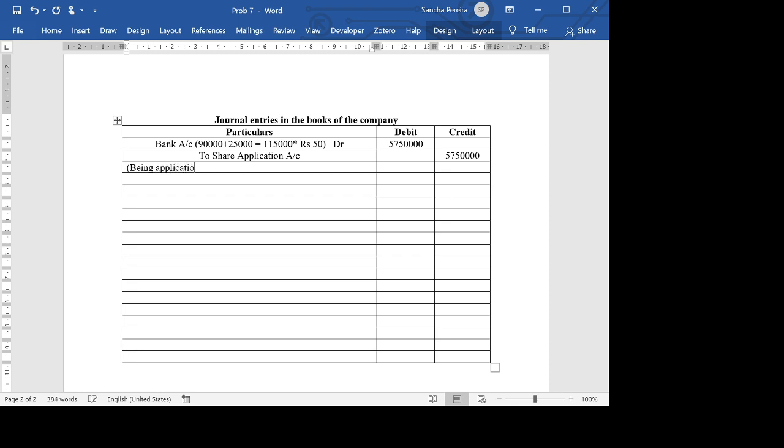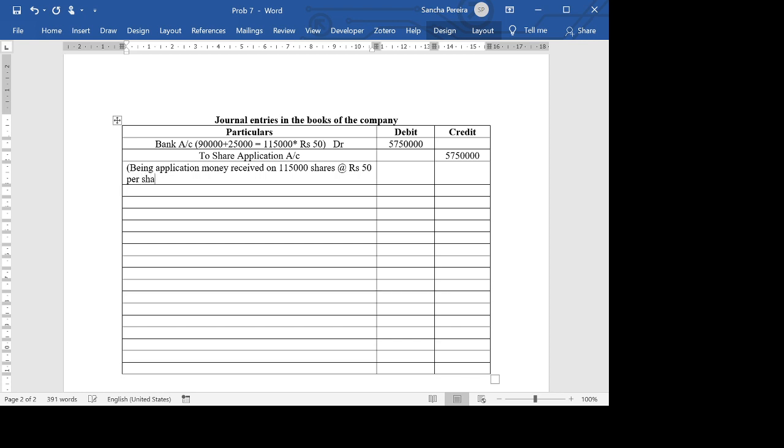Being application money received on 1,15,000 shares at the rate of rupees 50 per share.